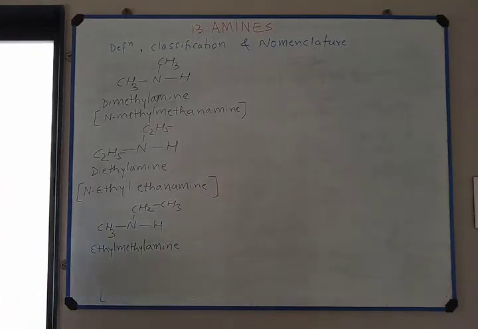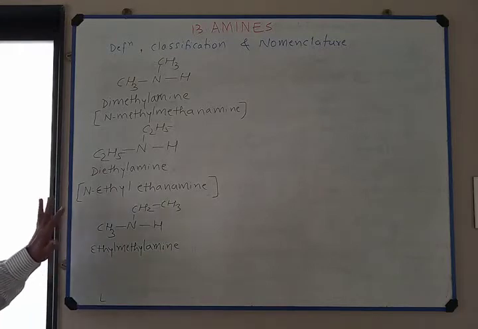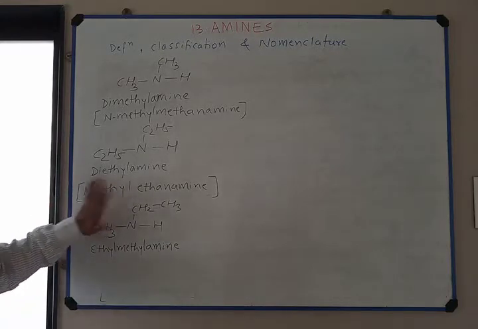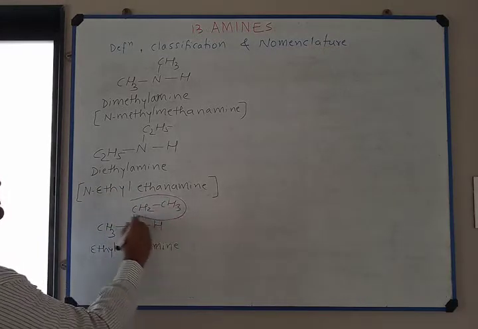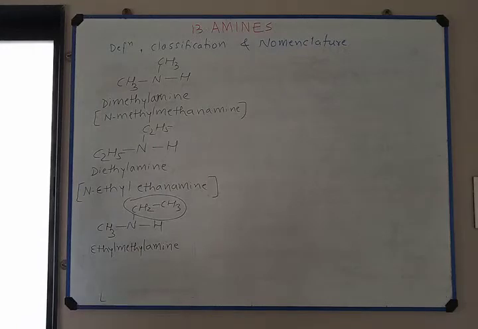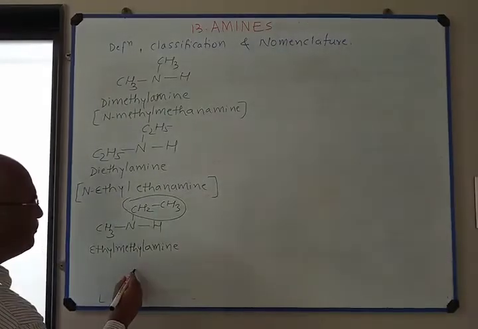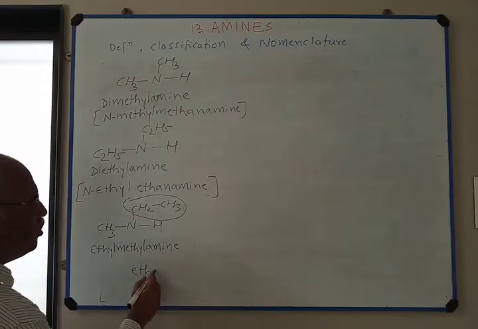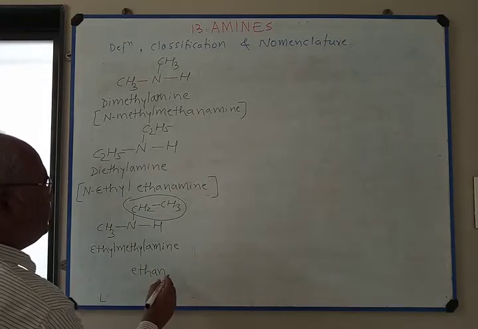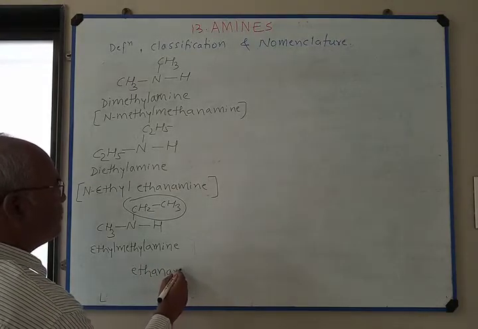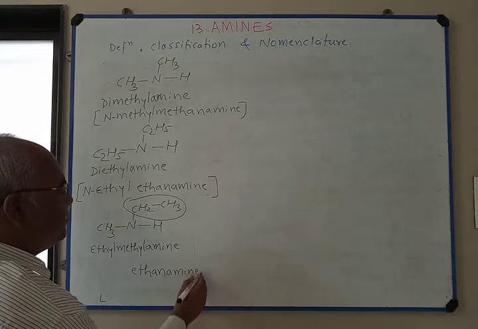How to write its IUPAC name? Here is question. Can we consider it is methanamine or ethanamine? Larger alkyl group is considered as parent alkane. Therefore, it is a derivative of ethane. I remove last E and replace it by amine, ethanamine.